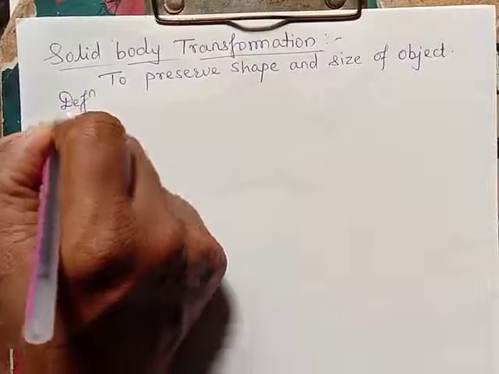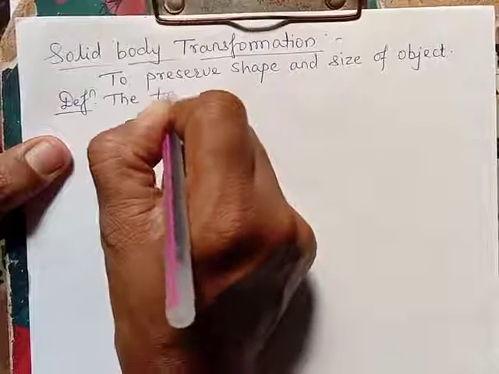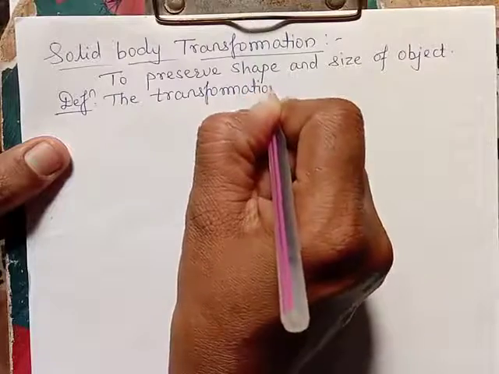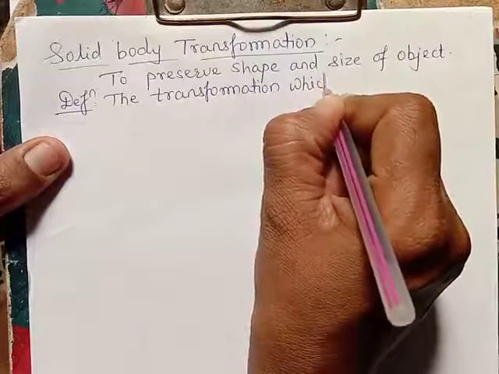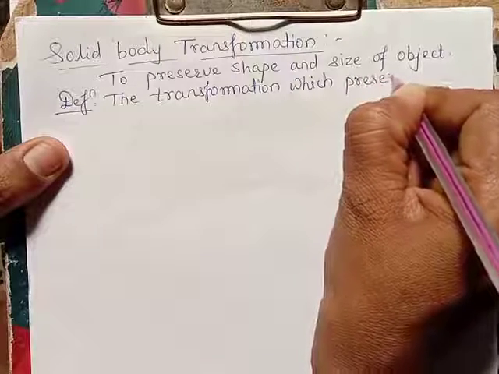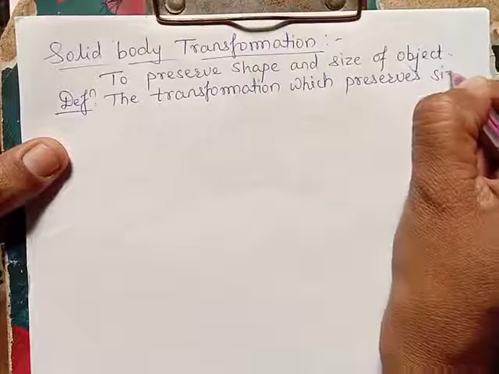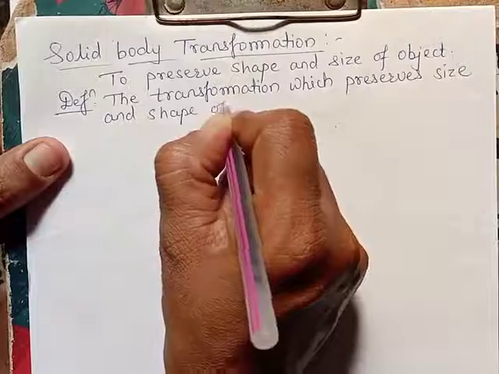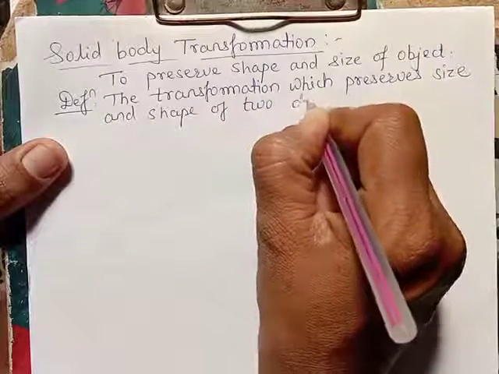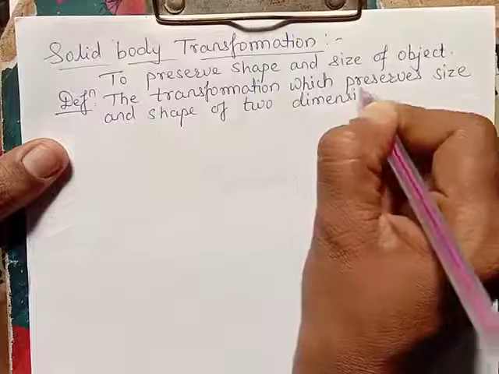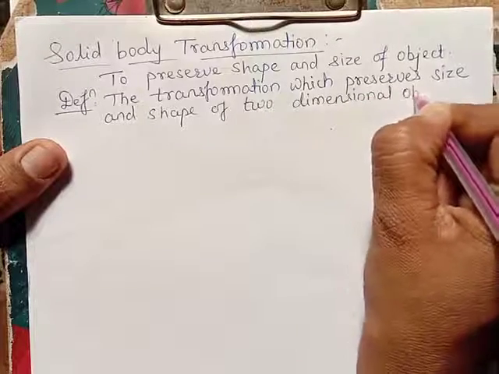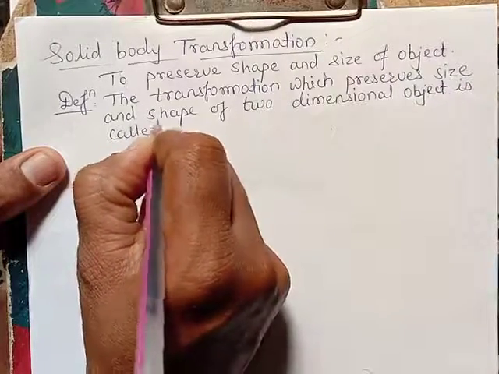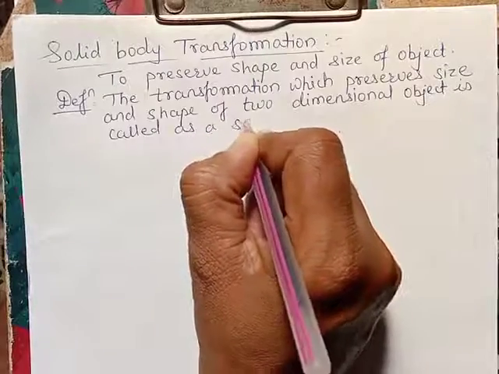Definition of it: the transformation which preserves size and shape of a two-dimensional object is called a solid body transformation.